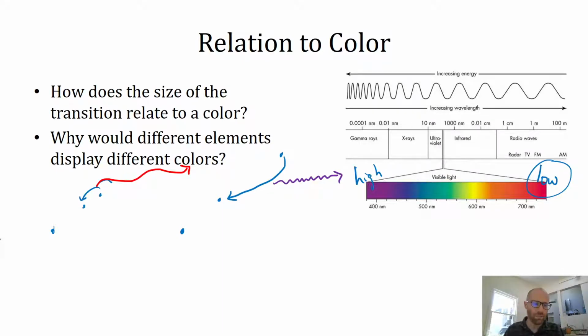And I think the biggest explanation for the different size jumps is from the nuclei. Because while all nuclei of a given element have the same number of protons, if this one was, say, lithium and this one was, say, potassium, there's a different number of protons. And so if there's a different number of protons, there's a different level of attraction, a different amount of charge.